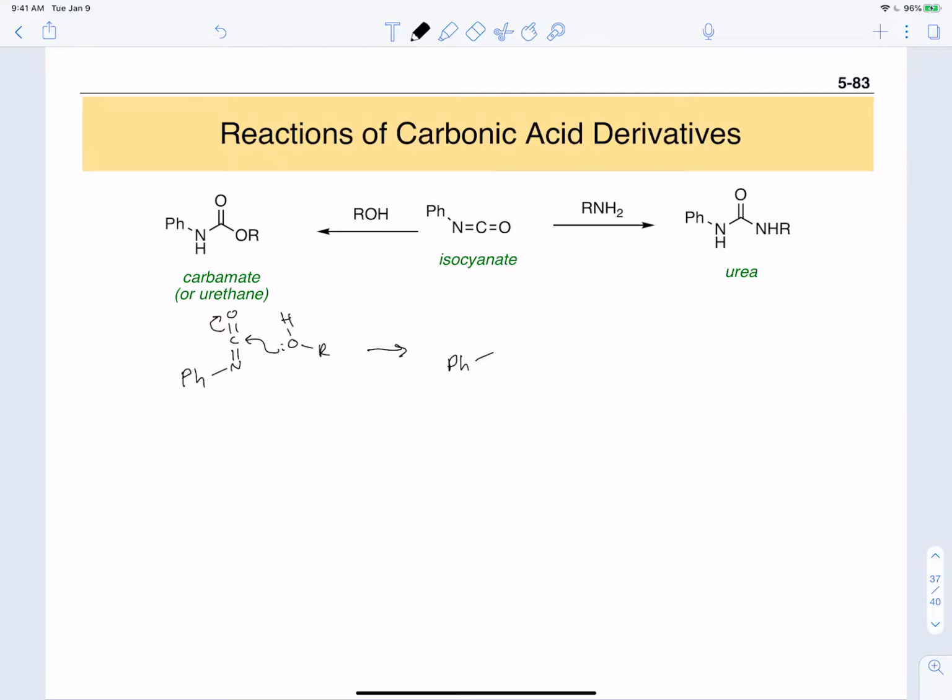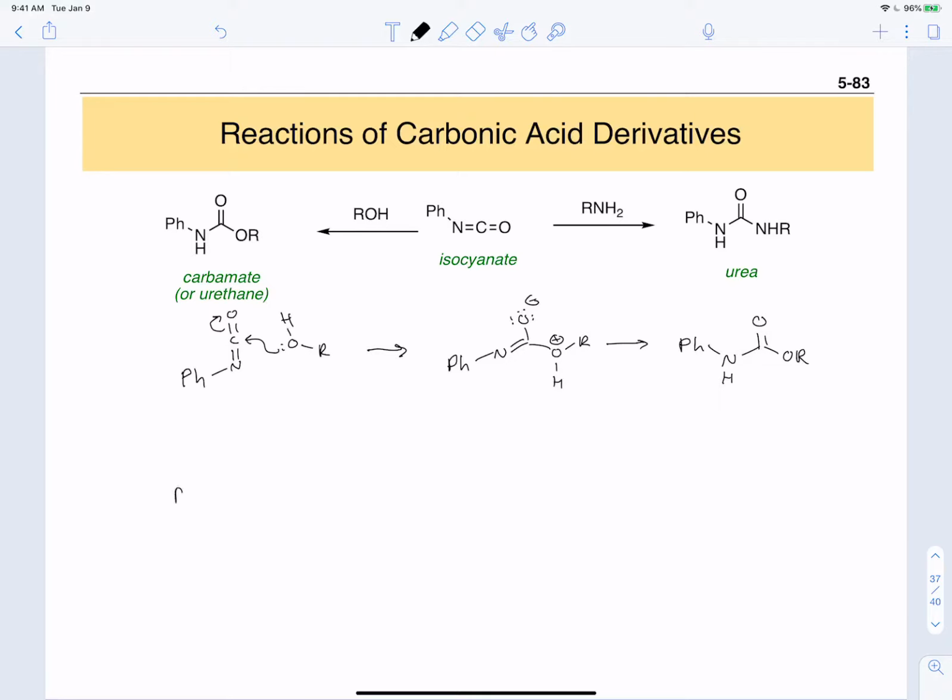And similar to most of the additions in this section, what we're mainly looking for is keeping track of all of the proton transfers and how things add. In the initial addition, we'd still have a protonated oxygen. And then after proton transfers, you can imagine this hydrogen going to this nitrogen and giving us the final carbamate or urethane product.